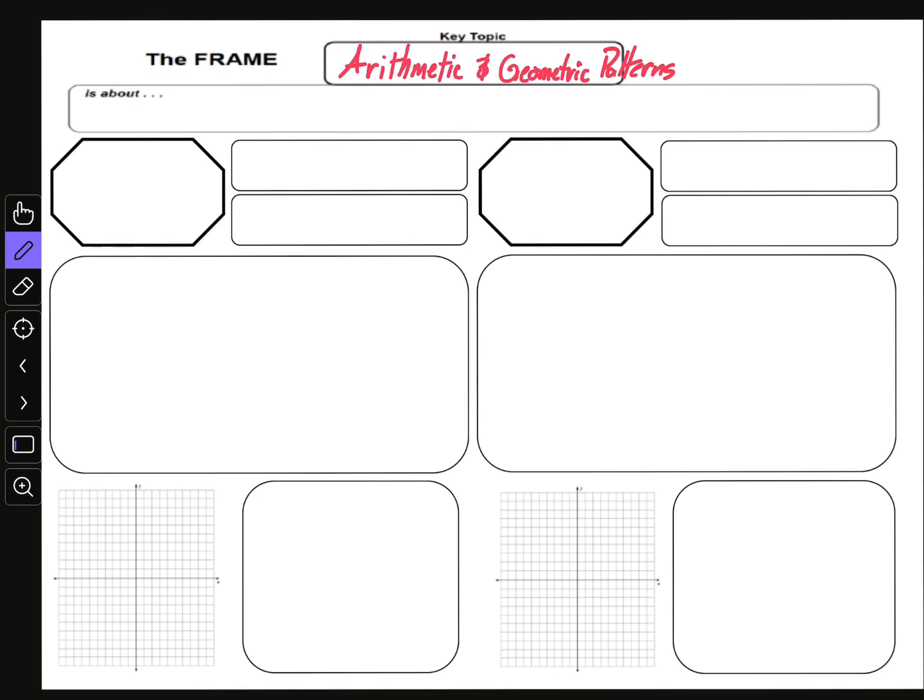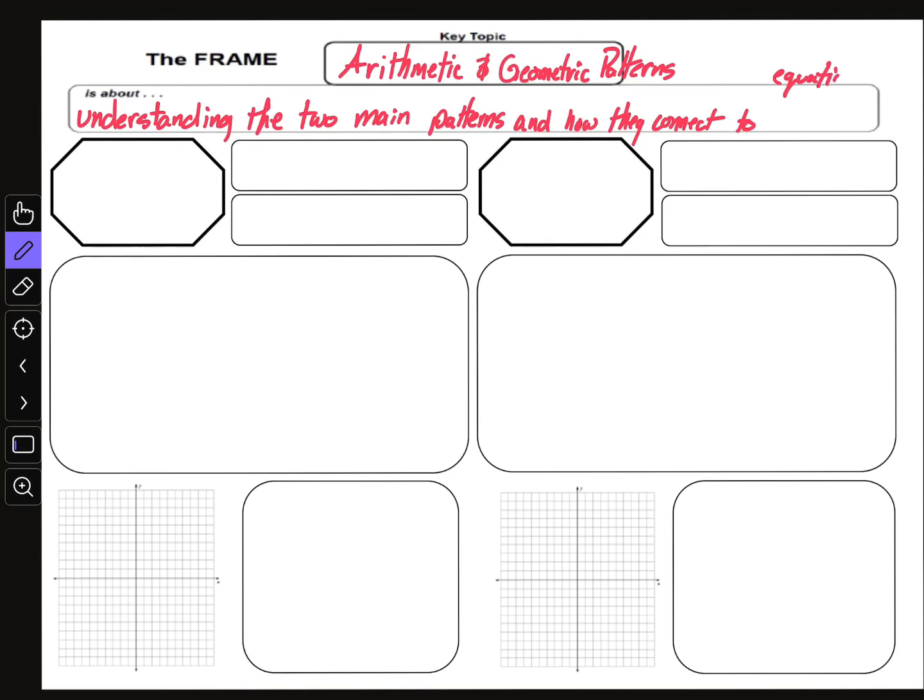Well, it's about helping us to understand the two main patterns that we're dealing with this year and how they connect to, a little bit more room for this, to equations, to tables, to graphs, even to kind of some story problems, which we won't hit as hard because we've kind of dealt with that a bit.